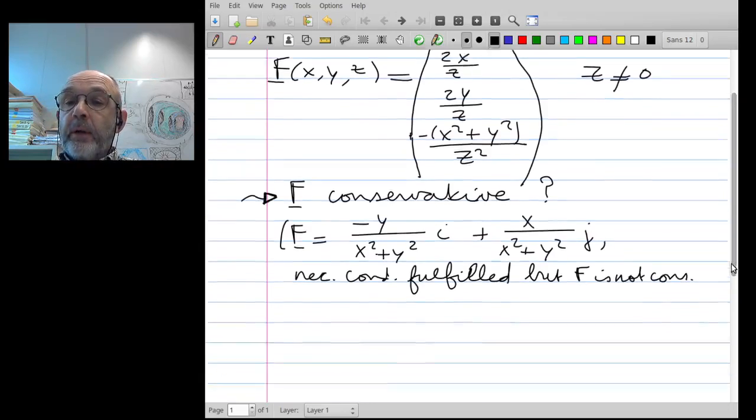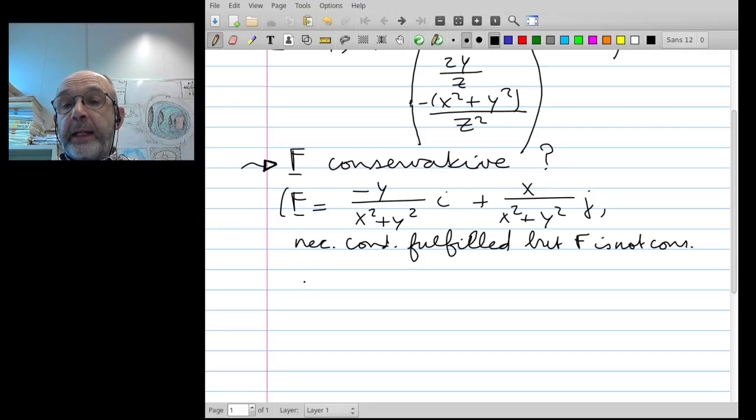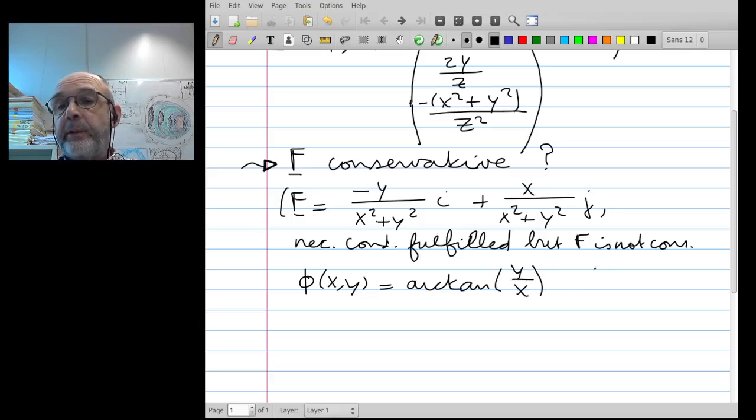And if you like, you can also calculate some potential, and I think that will be the arctangent of x divided by y.